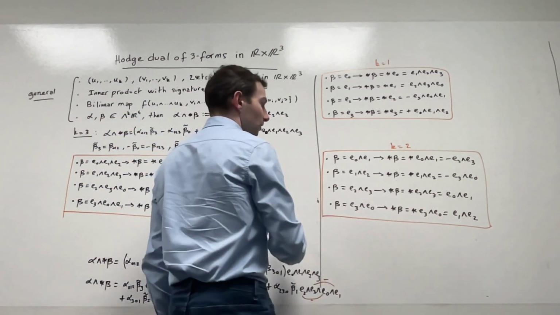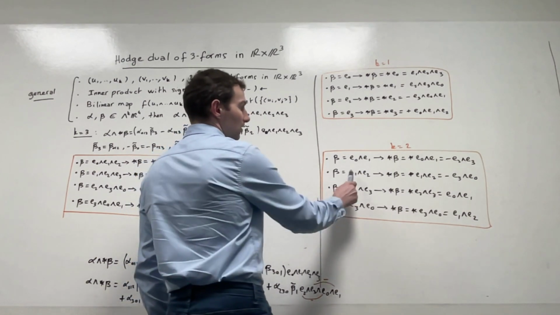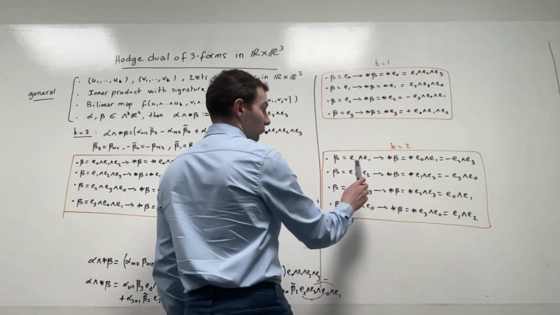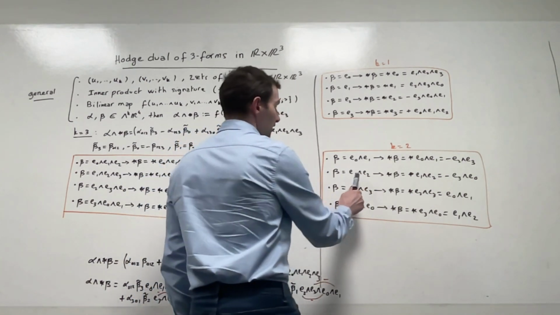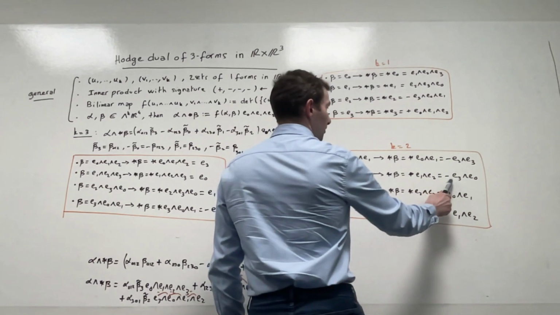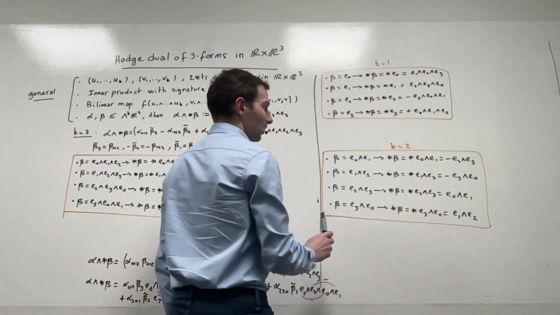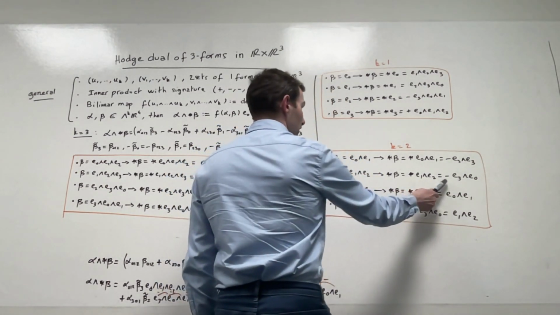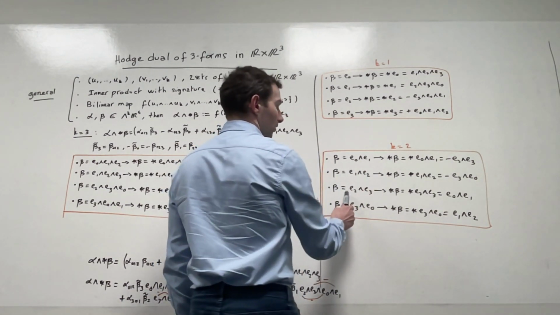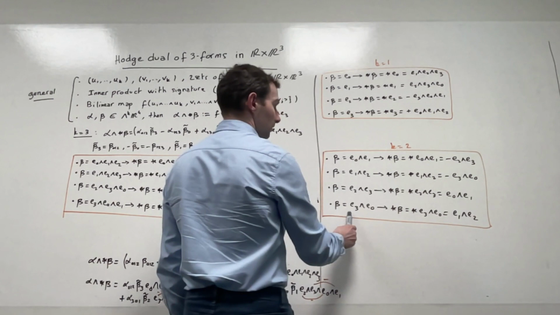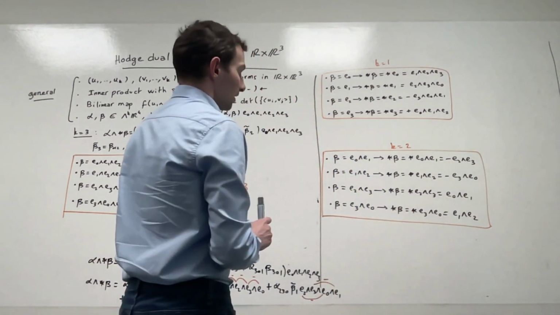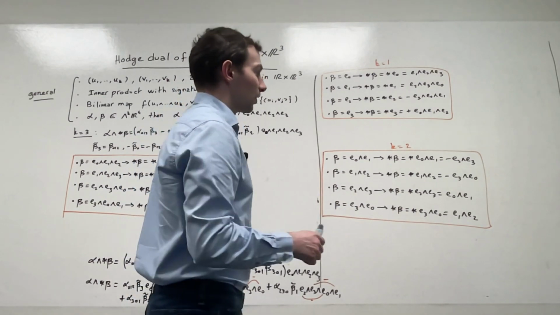Let's try quickly this one here. E1, E2 is going to give you minus E3, E0. But then if you take the Hodge dual of E3, E0, you're going to get minus E1, E2.